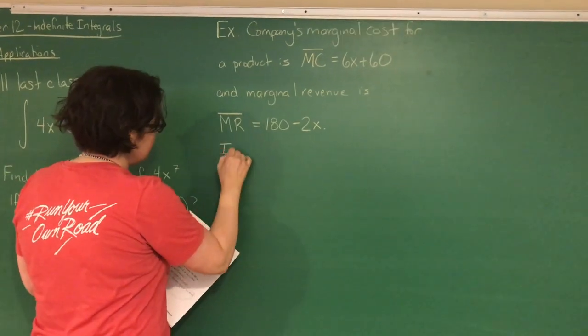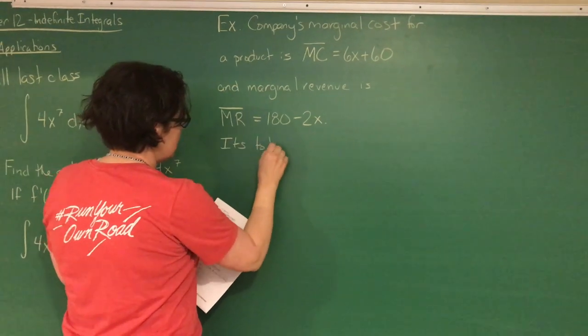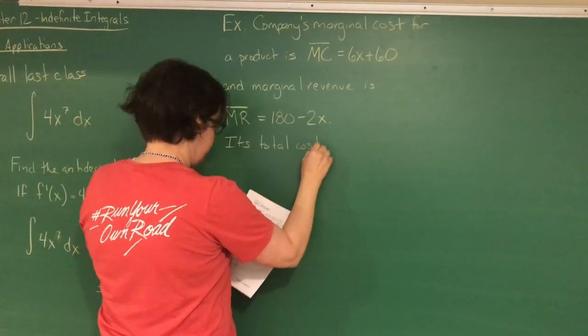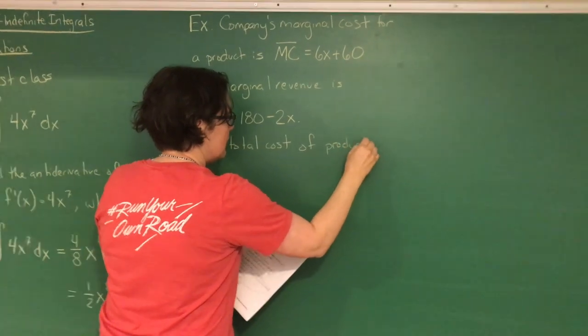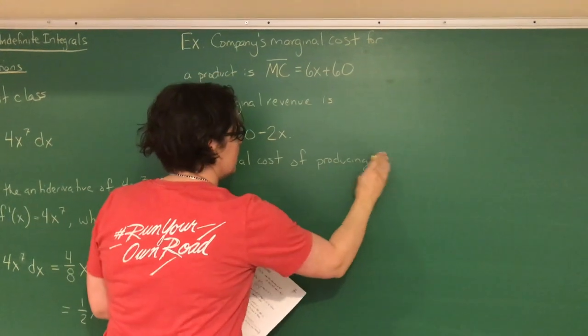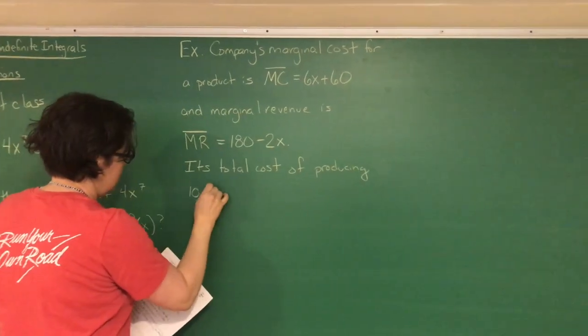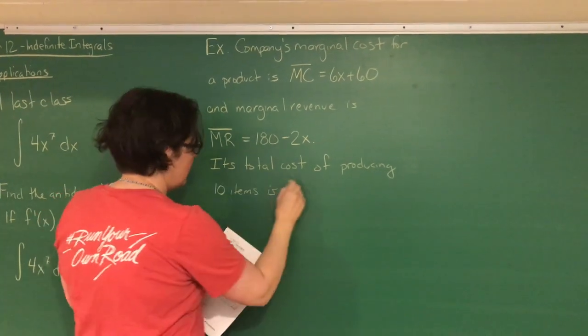And the last piece of information that we're given is that the company's total cost of producing 10 items is $1,000.